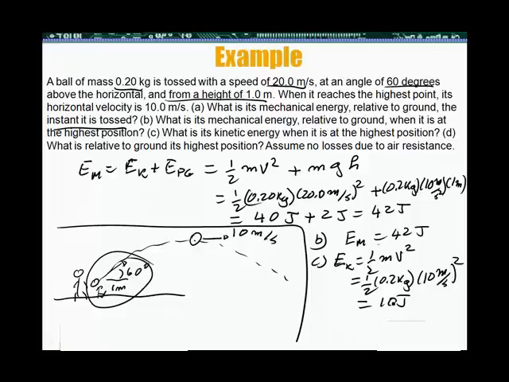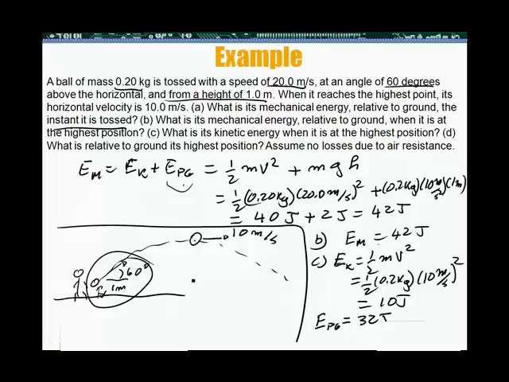Where does it come from, the 32 joules? Of course, since we don't have anything else involved, it's going to come from the gravitational potential energy. So this tells us that the gravitational potential energy when the ball is at the highest position is just 32 joules.